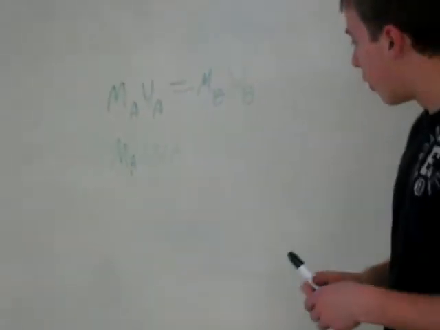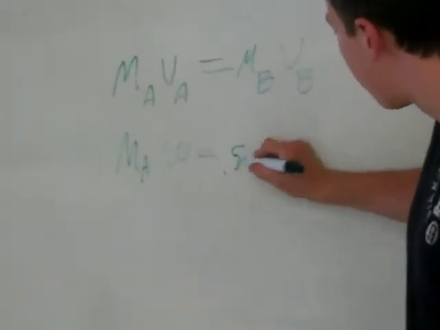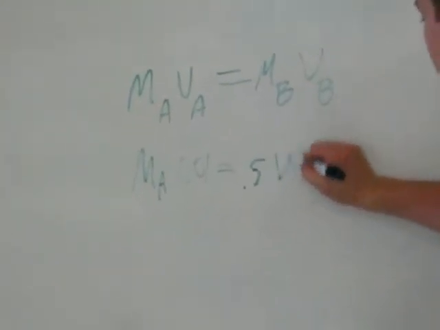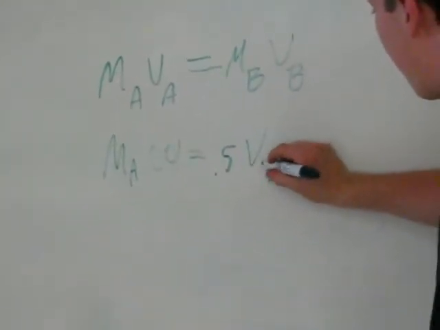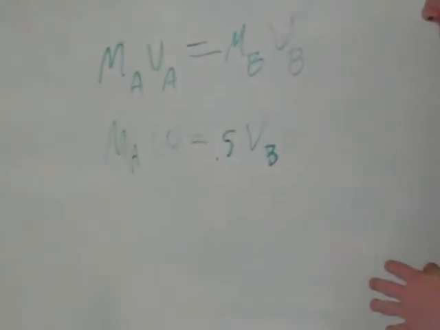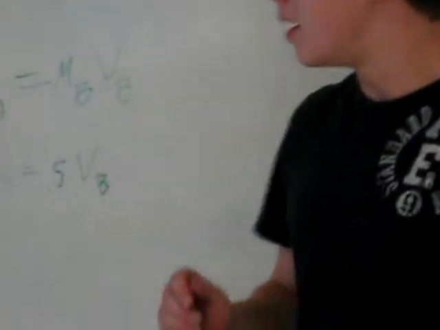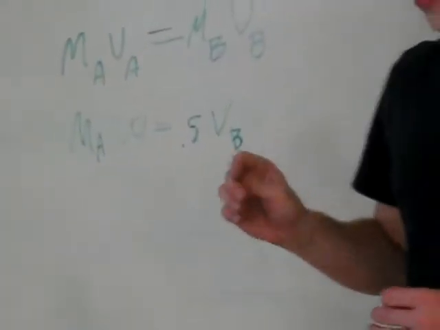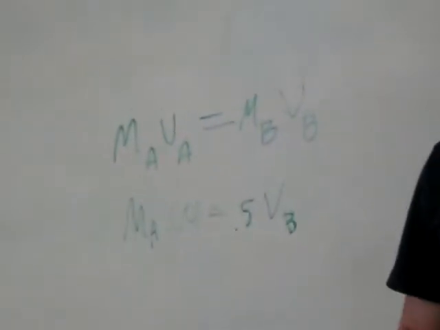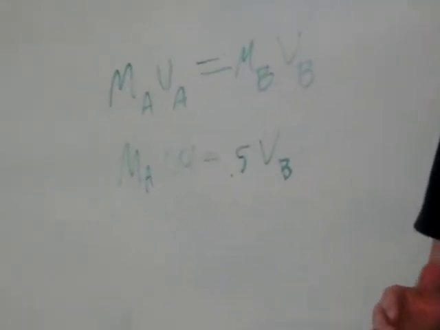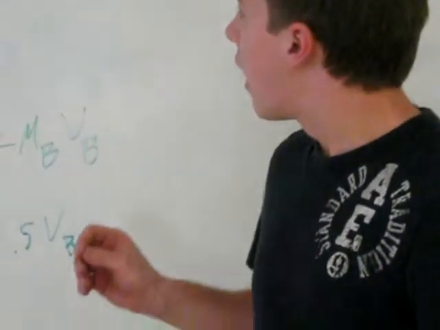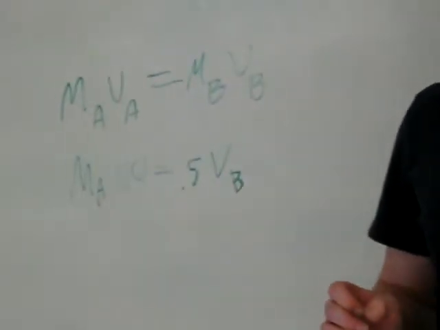So we can plug in 0.5 for molarity of base, and then we still need to find out volume of base. The way we find out volume of base is by mixing the acid and base together. And the acid will have an indicator in it, phenolphthalein, which will turn pink as the base begins to neutralize it.